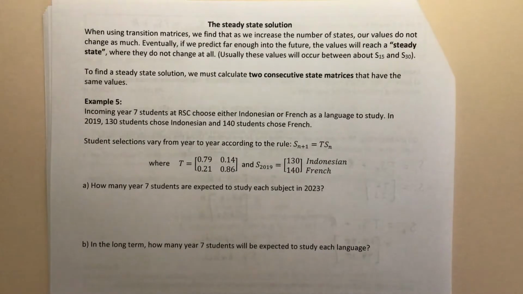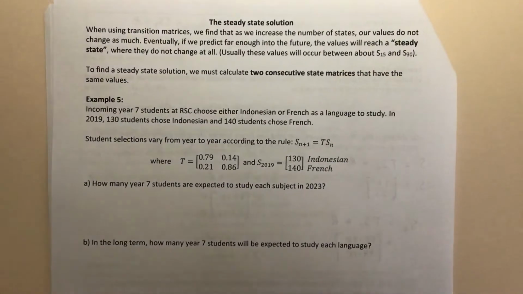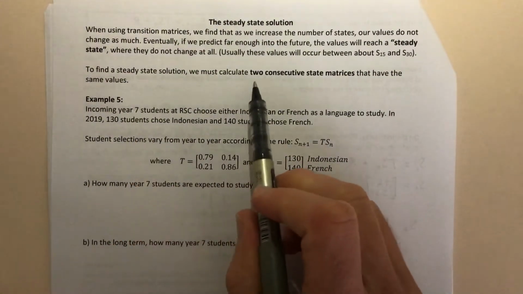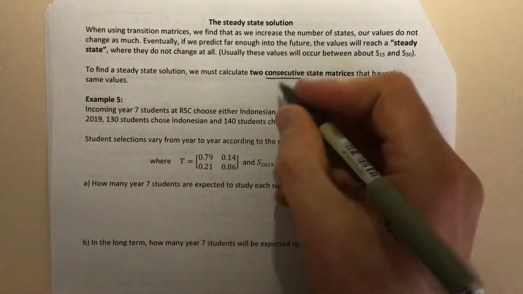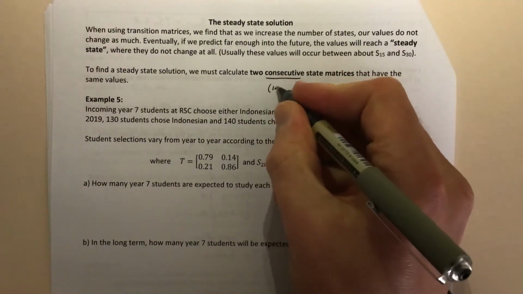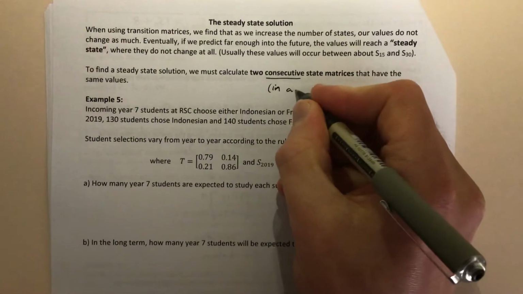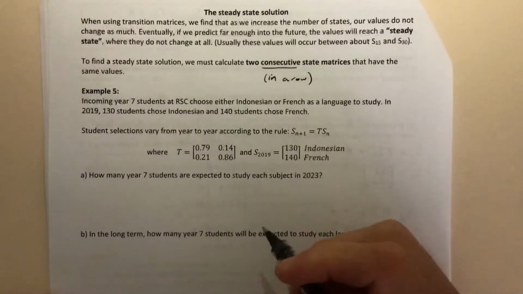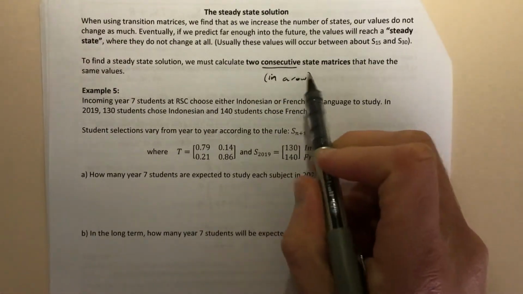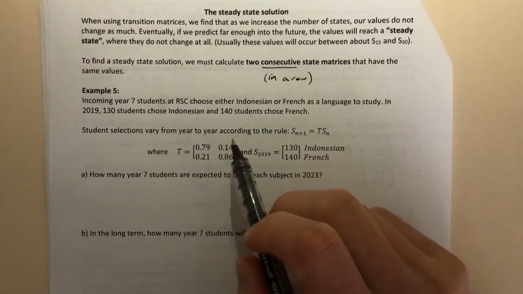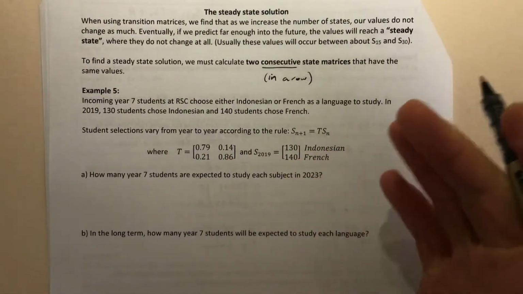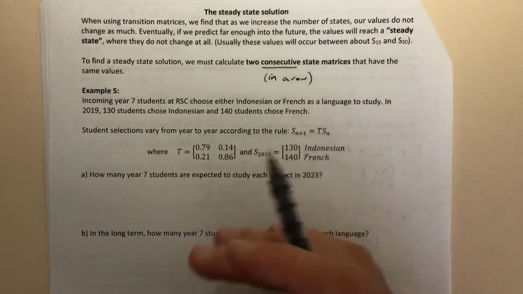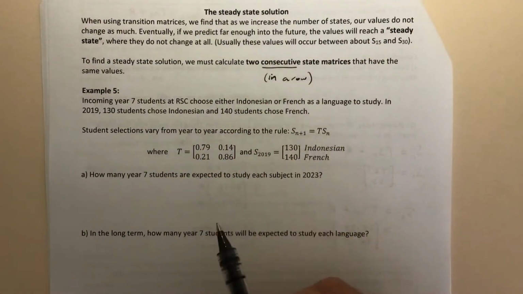To say confidently that we found that, we must calculate two consecutive state matrices, consecutive meaning in a row, that have the same values. So if we calculate S49 and S50, and they're both giving us the same numbers, then we know we've got our long-term steady state.